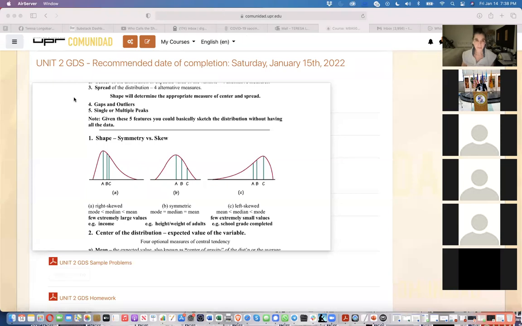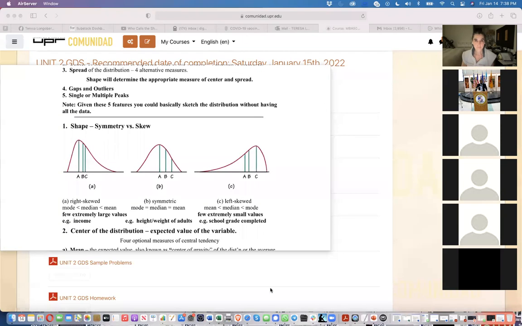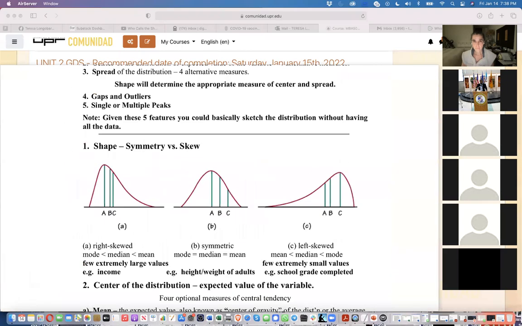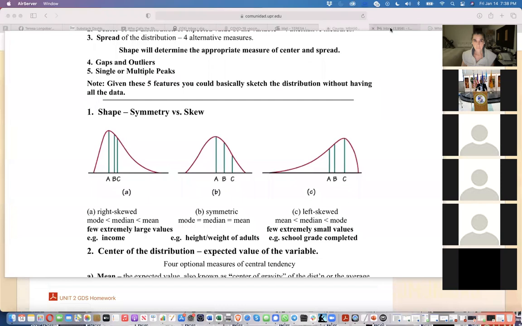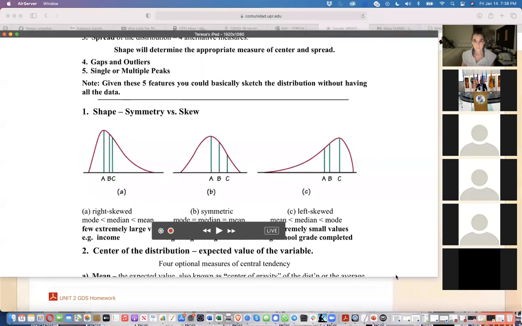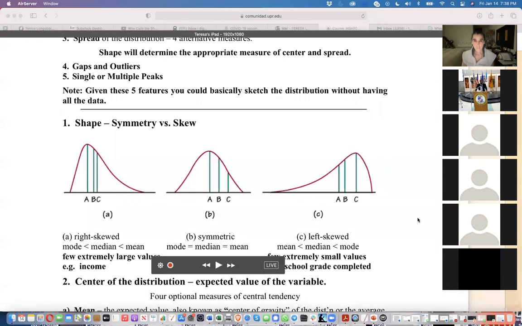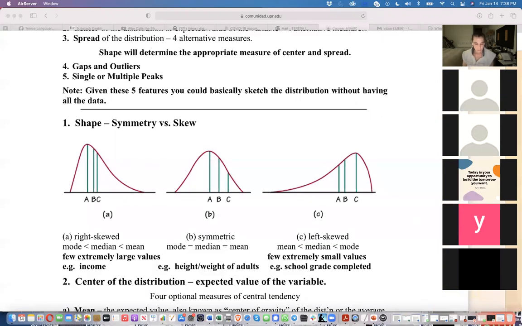Let me make this larger. The shape can be symmetric, where it's balanced through the center. It can be right skewed, like the one we discussed, or it can be left skewed.